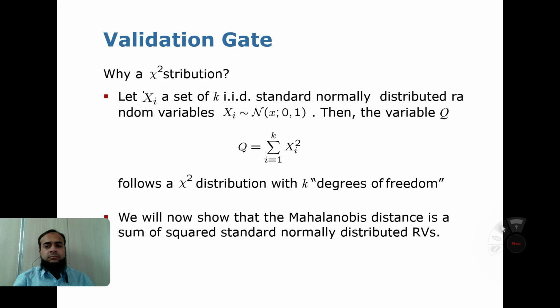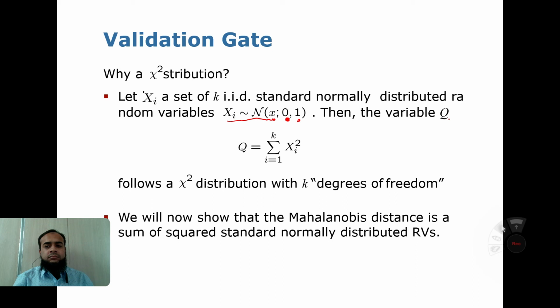Why the chi-square distribution? Let xi be a set of k IID standard normally distributed random variables, for example xi normalized with mean 0 and unity covariance.